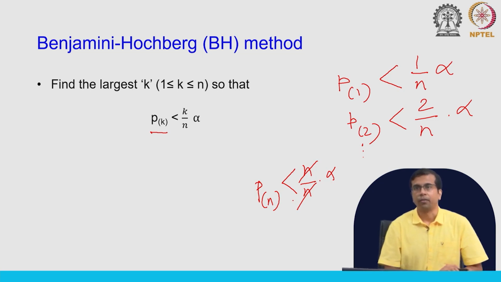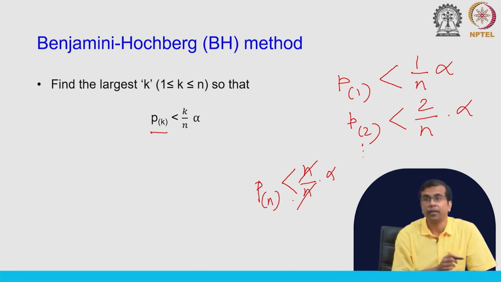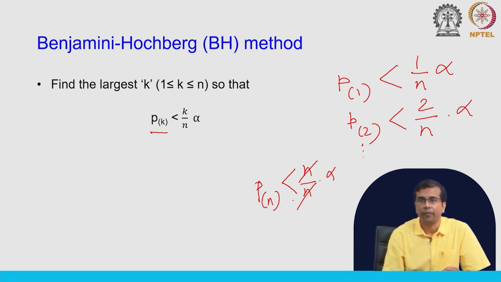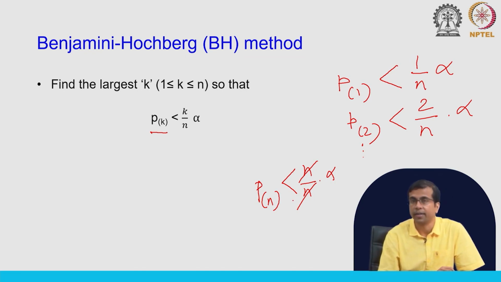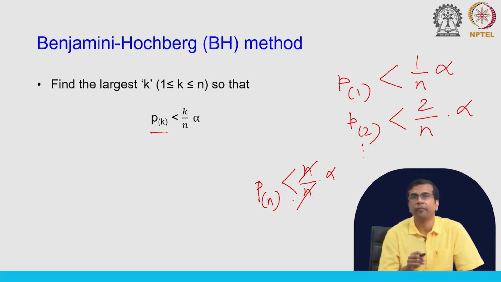So, when we do these comparisons, we want to find the largest k for which this condition is satisfied. So, p k is less than k by n times alpha, and for p k plus 1, these conditions are not satisfied.